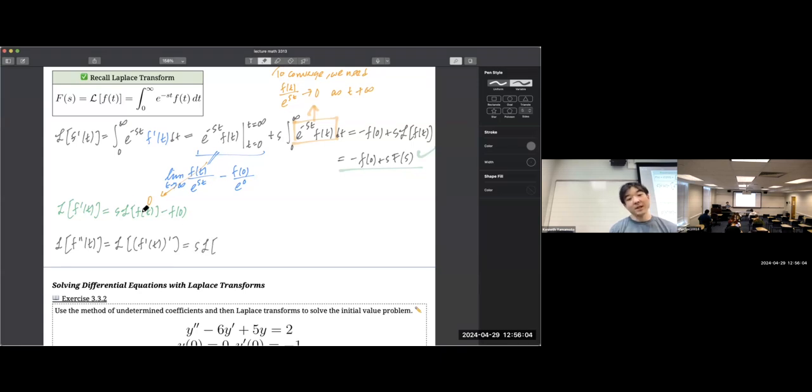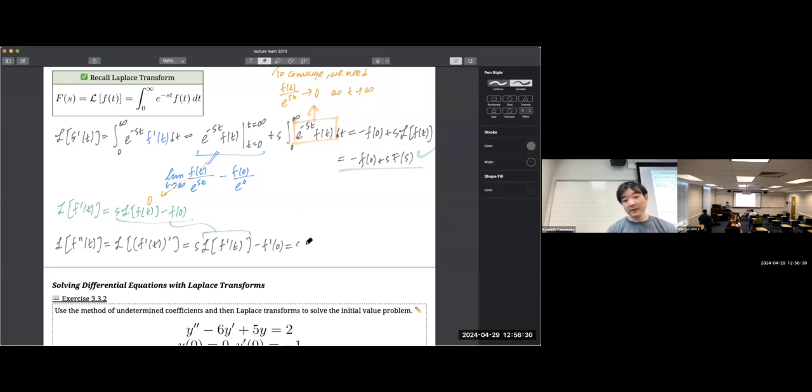Which is like every single time I see f of t here, I'm going to write a prime. And this will be minus f prime of 0. And the Laplace transform of f prime of t, we just said, is itself this.